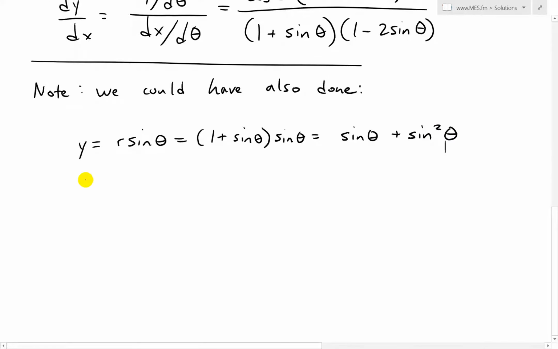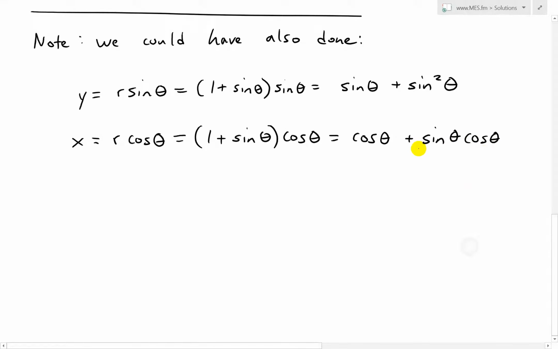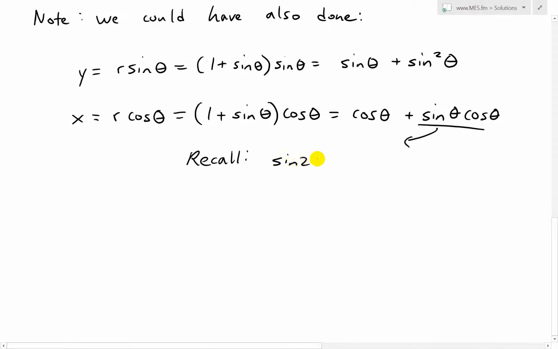And then for the x equation, x equals r cosine theta. Plugging in r, this equals 1 plus sine theta times cosine theta. Multiplying this out, we get cosine theta plus sine theta cosine theta. For this one, recall the trig identity: sine 2 theta equals 2 sine theta cosine theta.